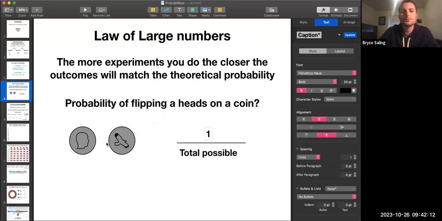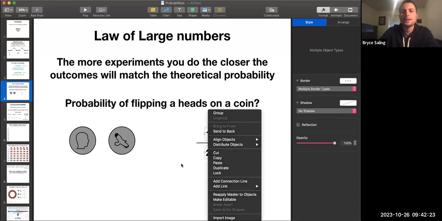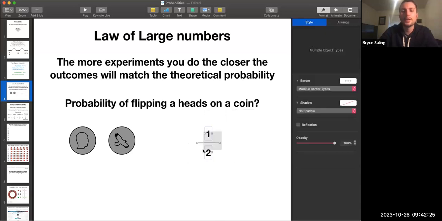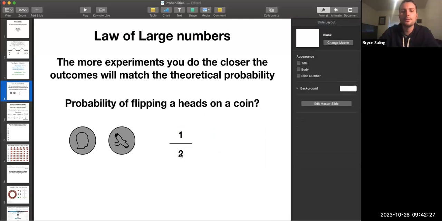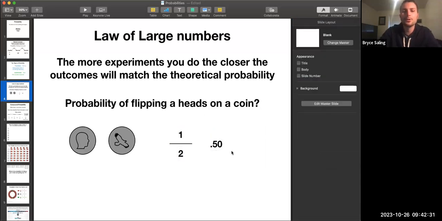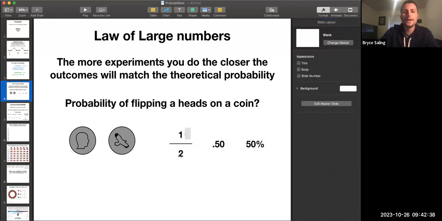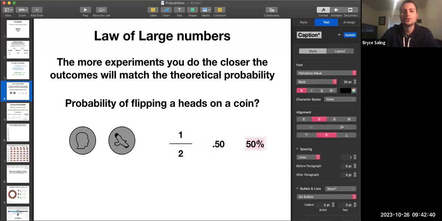And the total possible is that we have a head and a tails, so there's only 2 possibilities. So there's a 1 out of 2 chance of flipping a heads on a coin. And if you do that in Desmos, 1 divided by 2, the decimal is going to be 0.50, or in percentage, 50%. So 3 ways: fraction, decimal, percentage.